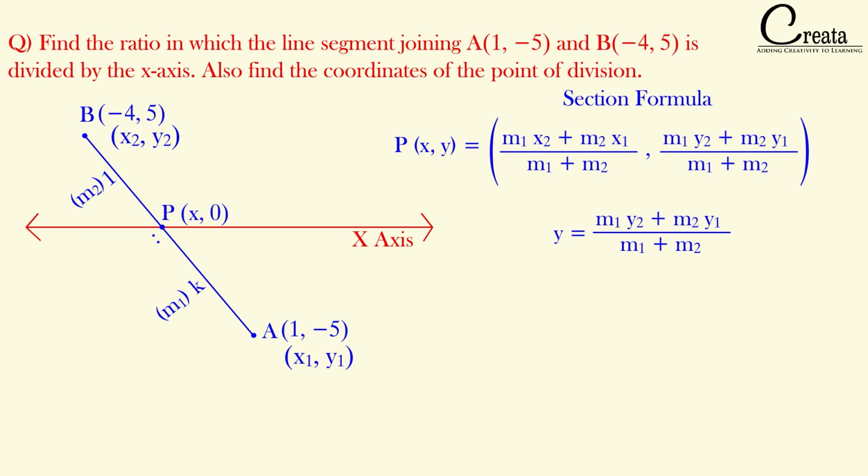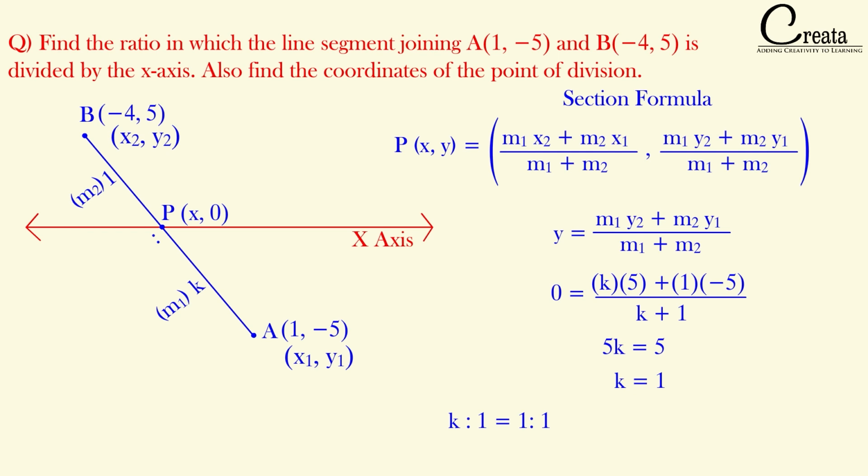We know y is equal to (m1 y2 plus m2 y1) upon (m1 plus m2). Let's put in all these values. On solving, we got the value of k as 1.